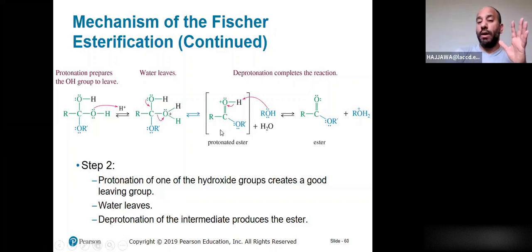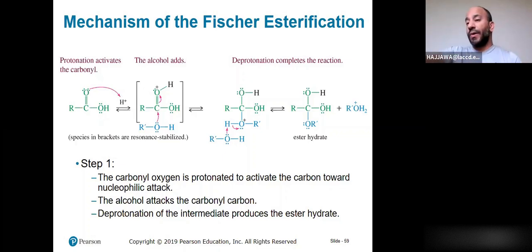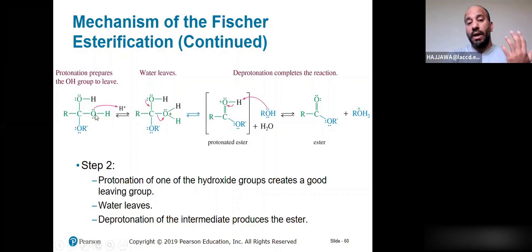So remember, you have a protonated carboxylic acid, then alcohol attack, and the H of the alcohol that came in will be transferred to one of the OHs. So that's what's happening here. And eventually the carbonyl of the ester will need to be made. That will be coming from one of the oxygens, which obviously is the O of the OH.